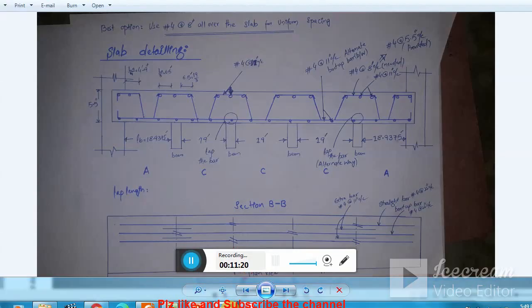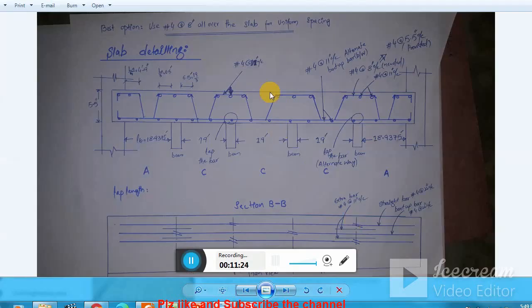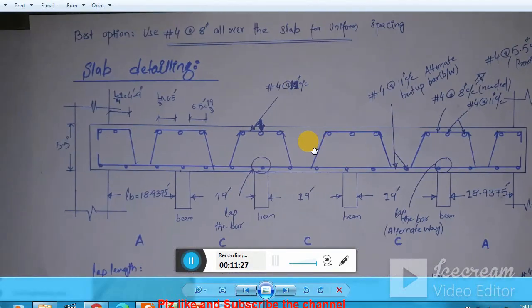Now, a very important thing which I want to discuss with you: here you see the spans and the beams, and the bars from the face of this first interior support are bent up and extended to a distance of L by 3 and L by 3.